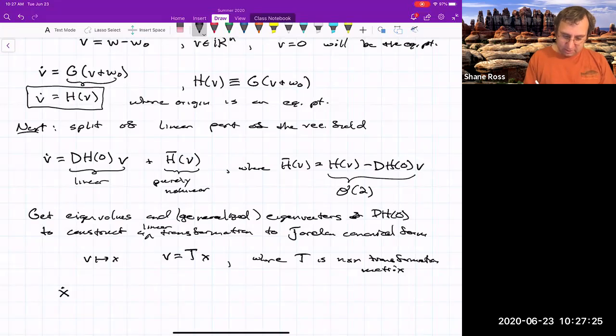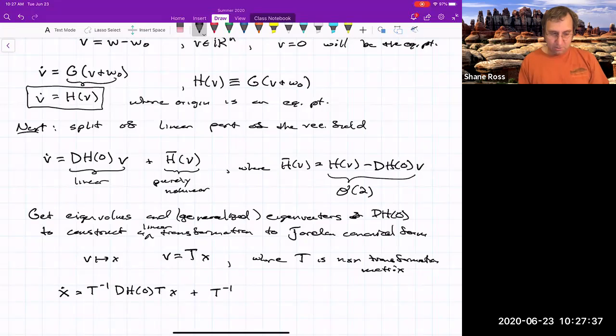So that X dot is T inverse DH0 T times X plus, and then the nonlinear parts, we deal with them just like we have been dealing with them when we did center manifold theory. So it's T inverse H bar of T X.